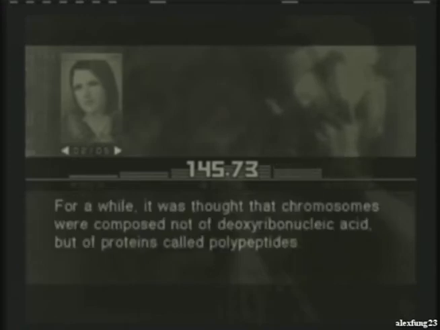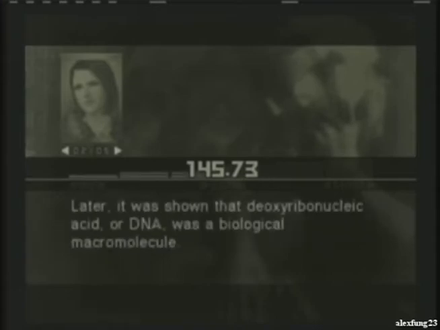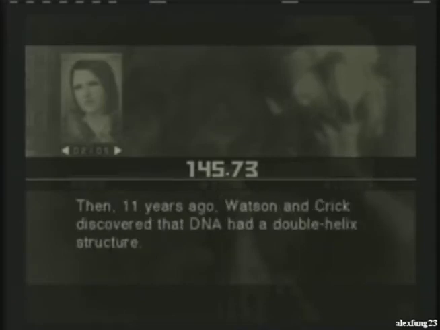For a while, it was thought that chromosomes were composed not of deoxyribonucleic acid, but of proteins called polypeptides. Later, it was shown that deoxyribonucleic acid, or DNA, was a biological macromolecule. Then 11 years ago, Watson and Crick discovered that DNA had a double helix structure.